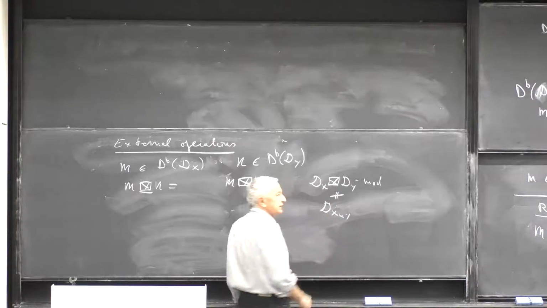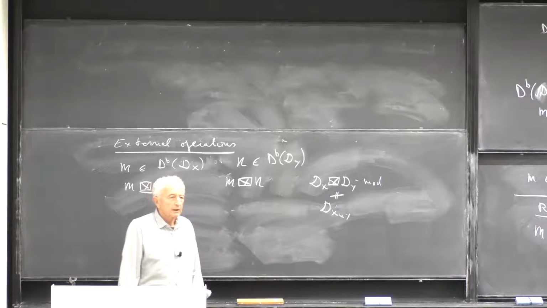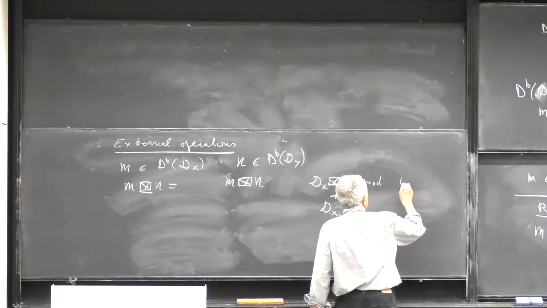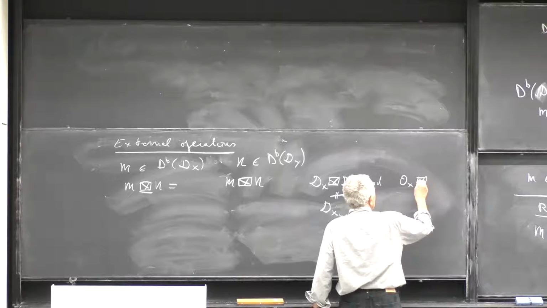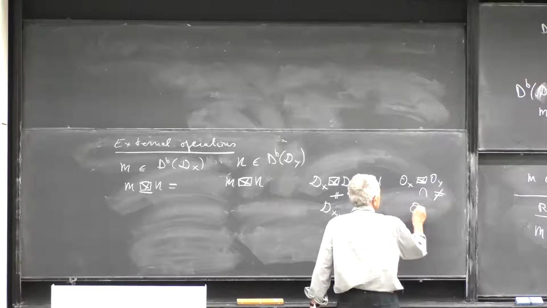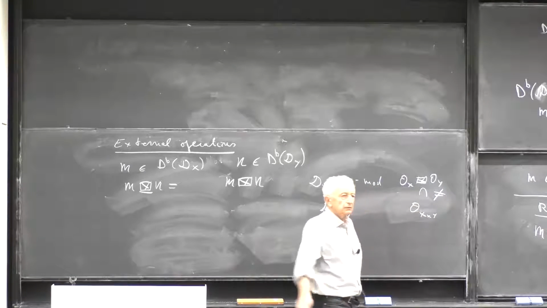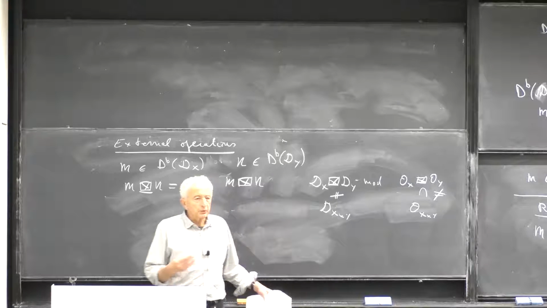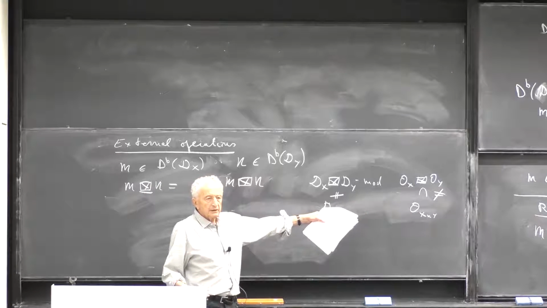This is different because I am analytic and not algebraic. O_X external O_Y is contained in O_{X cross Y}, but it is different. Of course, for polynomials it's true, but not for analytic functions.